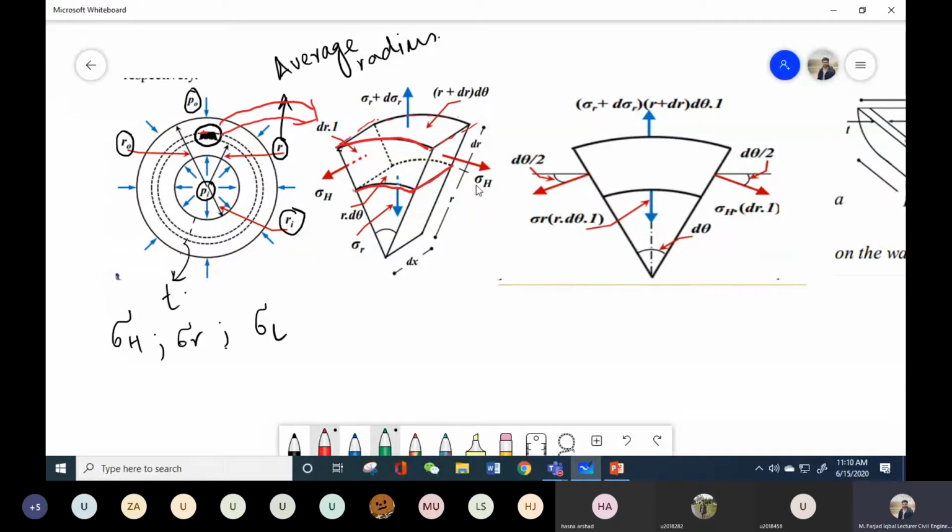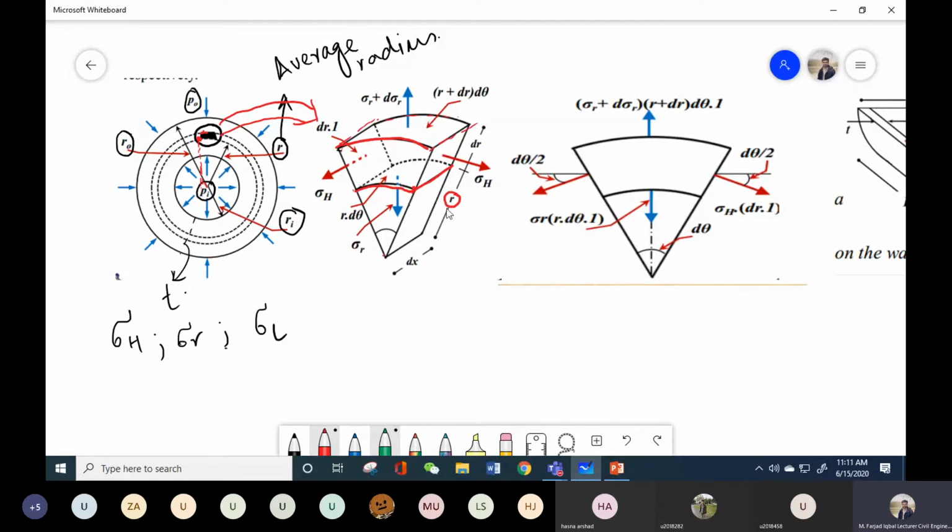The distance of the bottom point or bottom layer from the center is r, which is shown over here as well.